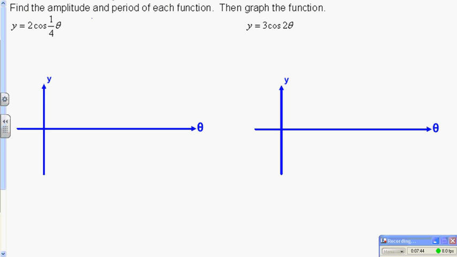Cosine. Now cosine starts high, comes back down, and goes back up. This one is amplitude, so it's going to go as high as 2 and as low as -2. The period is affected. 2 pi divided by 1/4 means we're going to have 8 pi. So I'm going to make this 8 pi. Halfway through is 4 pi. So we're going to start high.